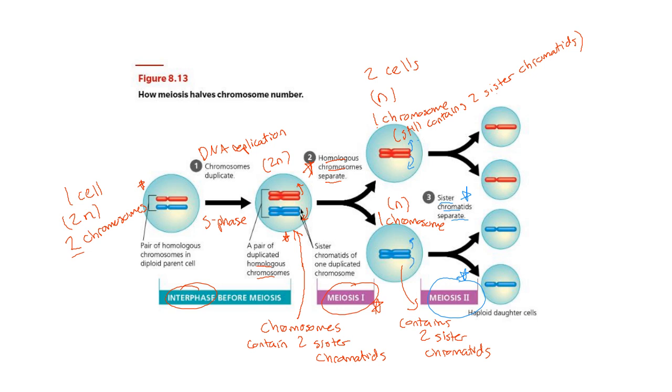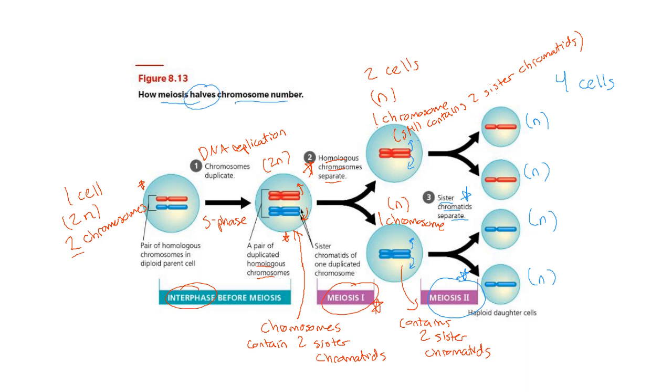Now after meiosis 1 and 2, what do we end up with? We end up with 4 cells. Each cell has one chromosome, so each cell is going to be haploid. And this is how meiosis halves the number of chromosomes.